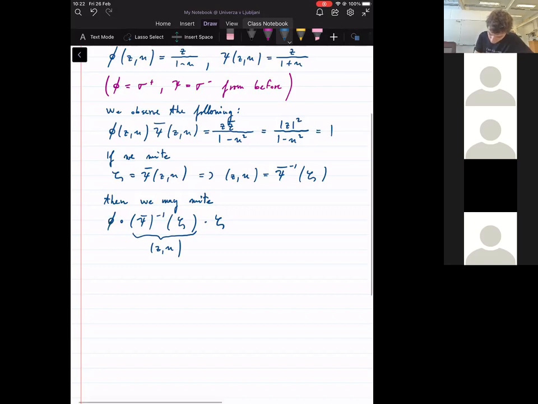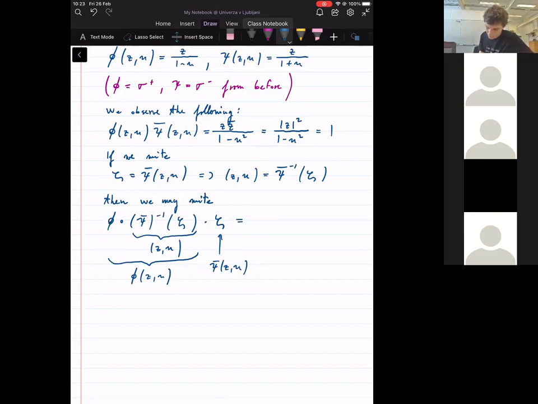So this whole thing here is phi of z, u, and this thing here is equal to psi conjugated of z, u.